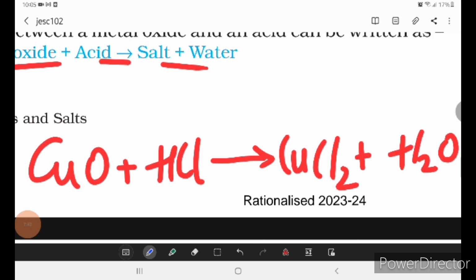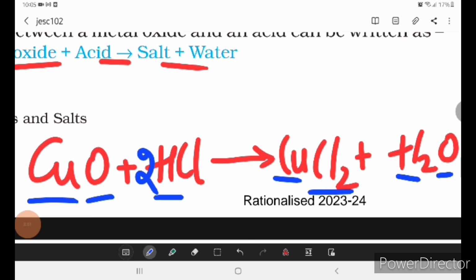So in order to balance the right hand side with the left hand side, we need to add 2 towards the left hand side, which gives us 2H, 2Cl and 2Cl on both sides of the arrow. Now we see Cu 1, O 1, 2 hydrogens, 2 chlorine and 2 chlorine. Hence the given equation is balanced.